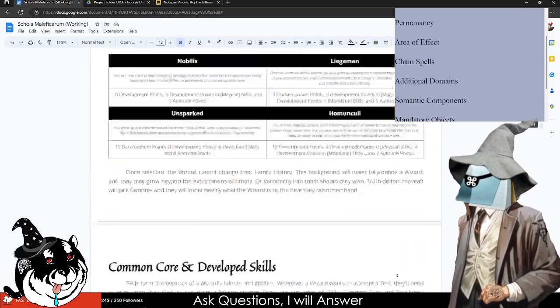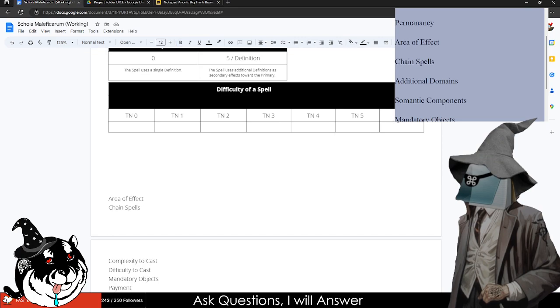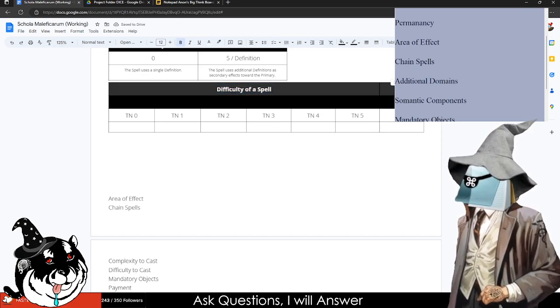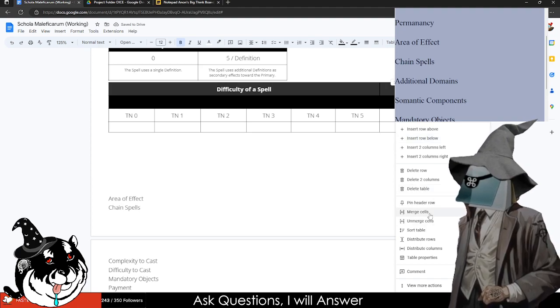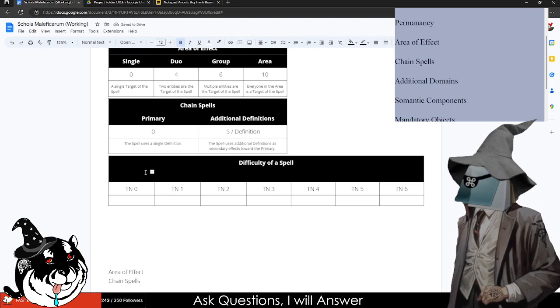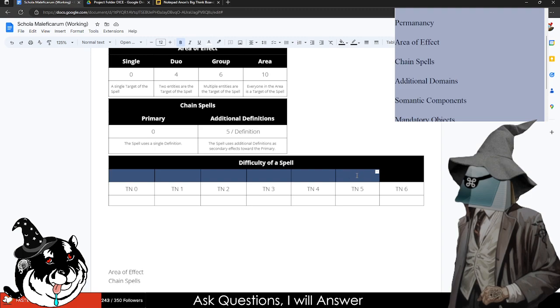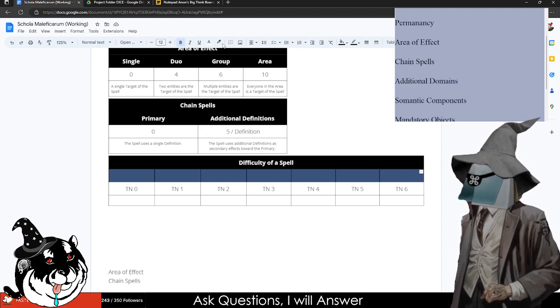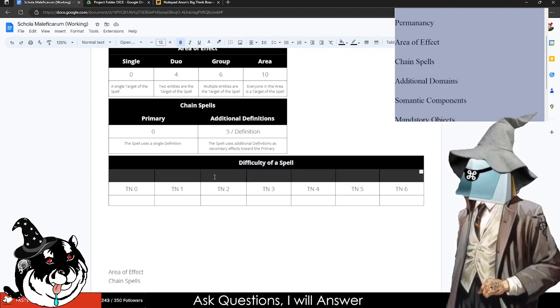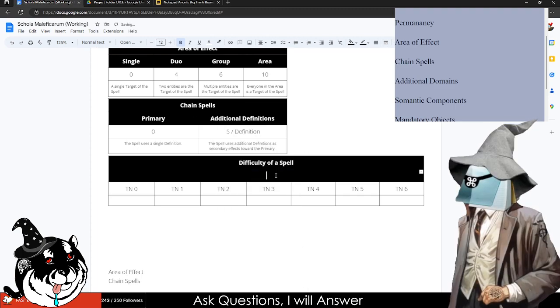We go all the way to 6. TN 6, difficulty of a spell. Merge together.